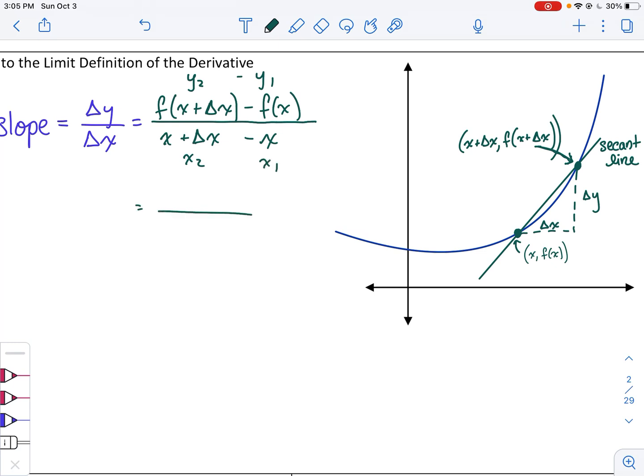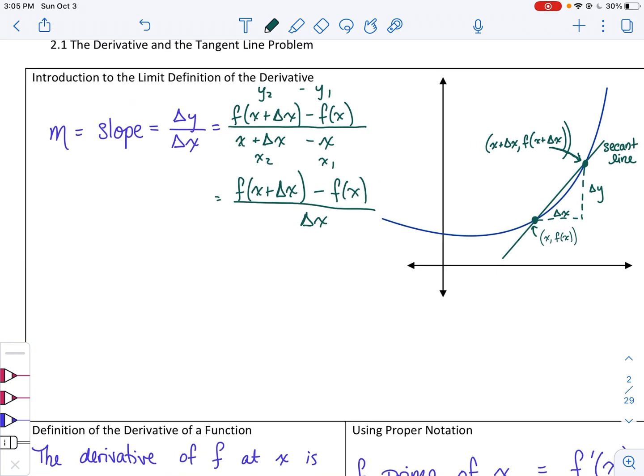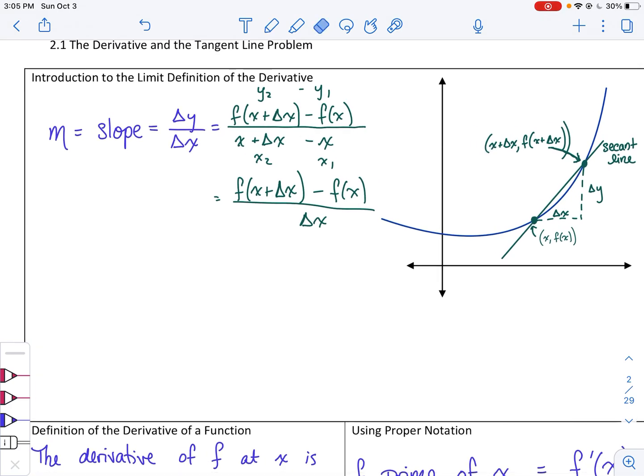And if I simplify this, then what I end up with is f of x plus delta x minus f of x all over delta x, which should look super familiar to you, because that is the difference quotient. And then a quick reminder: delta x, change in x; delta y, change in y.